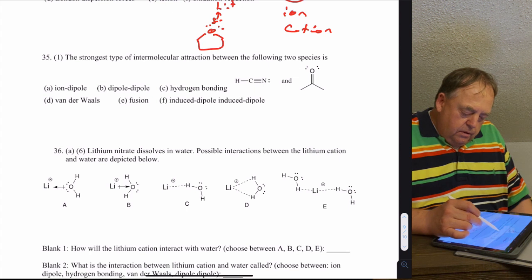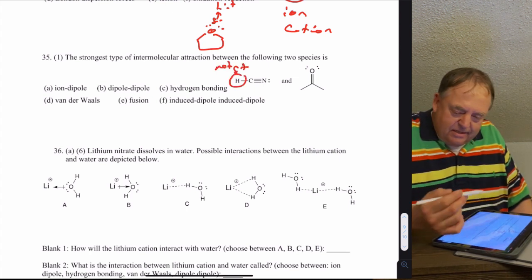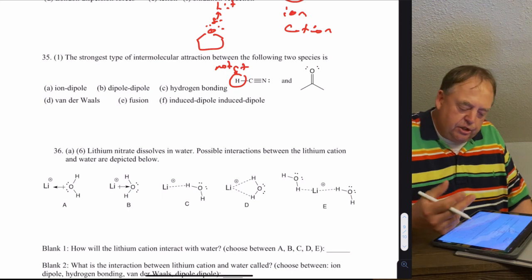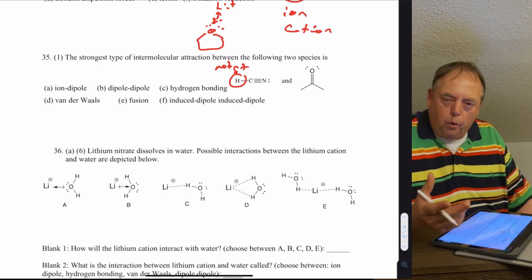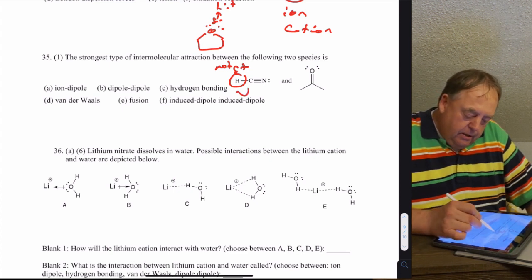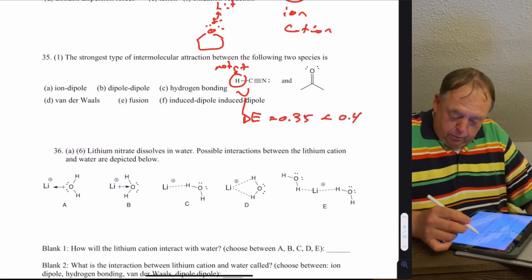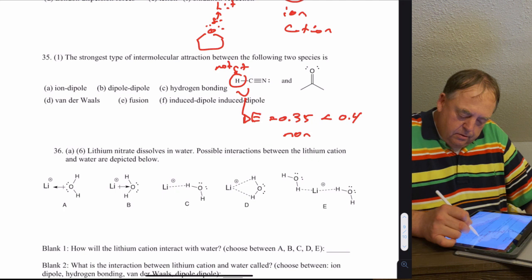Okay, so for this one, that hydrogen is not partial positive because it's not attached to an oxygen or a fluorine or chlorine or nitrogen, something very electronegative, right? It's attached to carbon, and the difference in electronegativity is 0.35, which is less than the threshold of 0.4, so it's nonpolar.